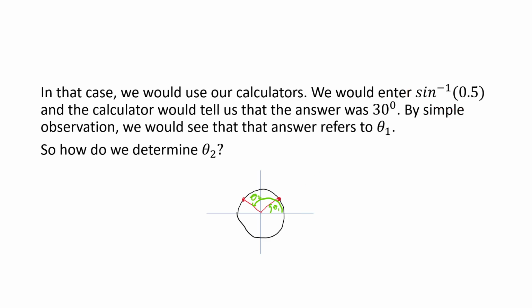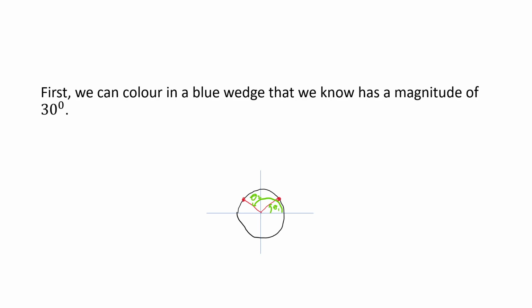But how are we going to determine theta 2? Well, here's our strategy. We're going to color in a blue wedge that we know has a magnitude of 30 degrees. So right there, I know that has a magnitude of 30 degrees based on the thinking that just went earlier. Now, what I want you to do is realize that this circle is symmetrical, so that y-axis right there is acting as a mirror.